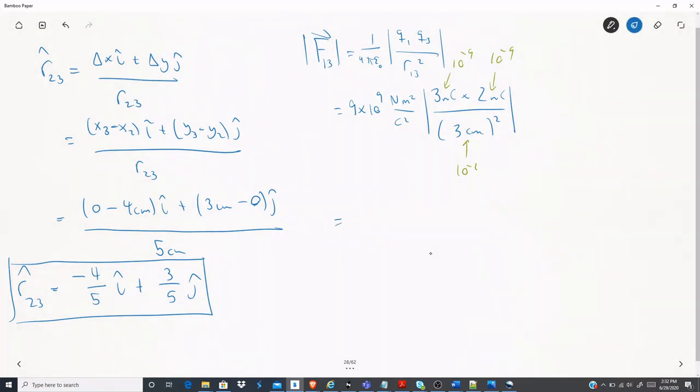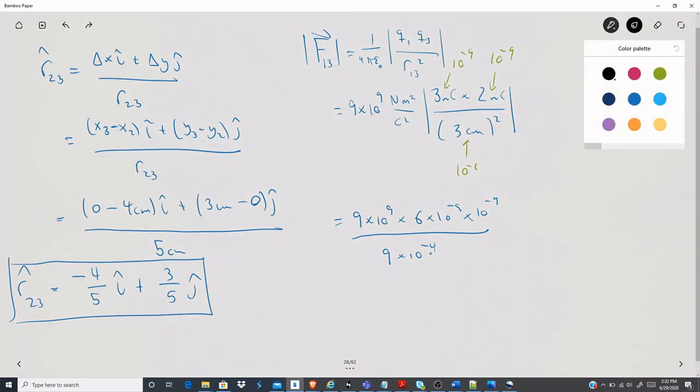So I'm going to have 9 times 10 to the 9th times 6, because 3 times 2 is 6, times 10 to the negative 9th times 10 to the negative 9th, all divided by 9, because 3 squared is 9, and 10 to the negative 4, because 10 to the negative 2 squared is 10 to the negative 4.